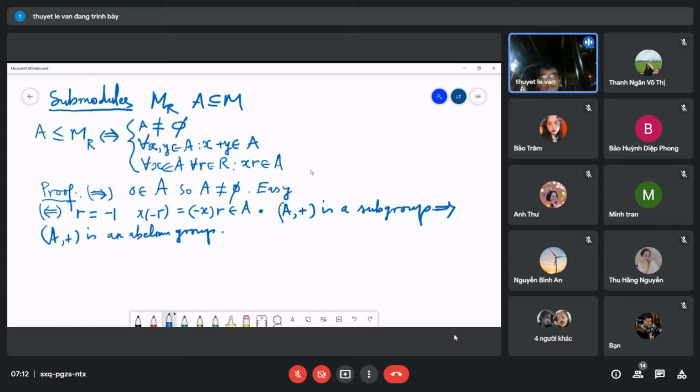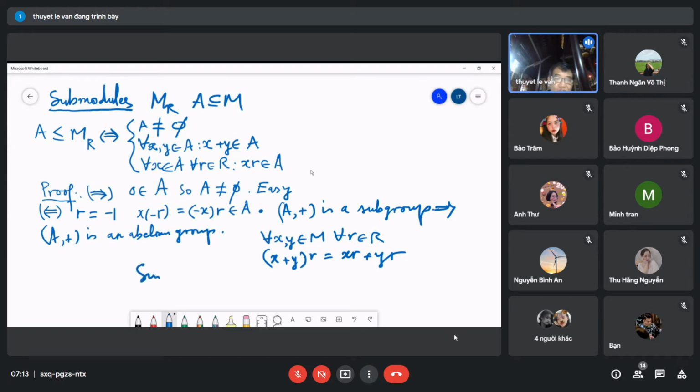And then you have the condition of module. The condition of module is true for M. For example, for every x, y in M, for every r in R, you have (x plus y) times r is equal to xr plus yr.